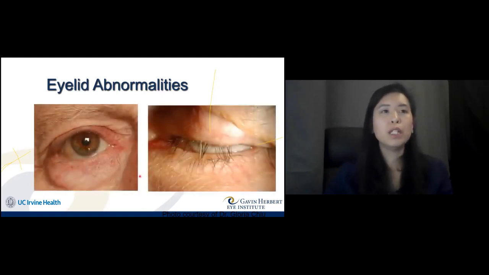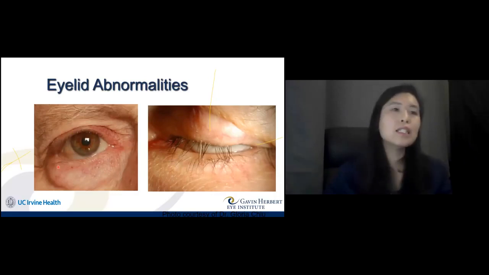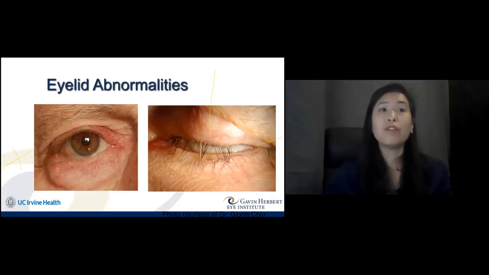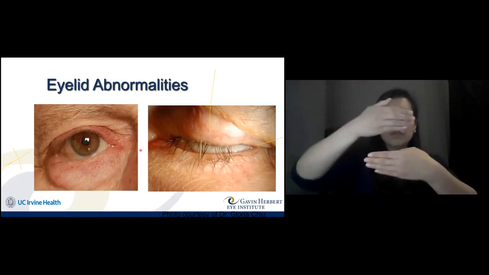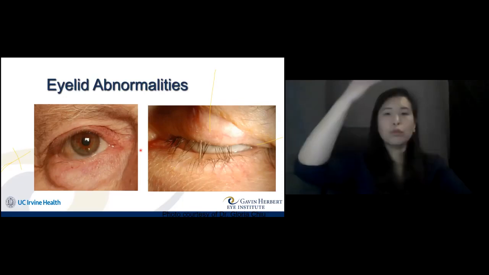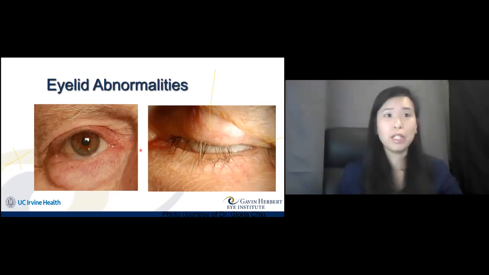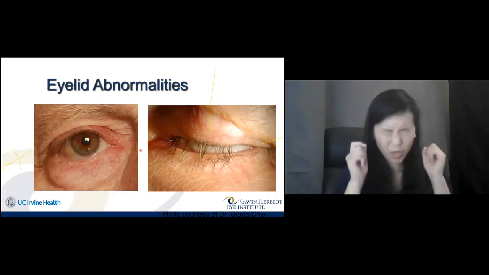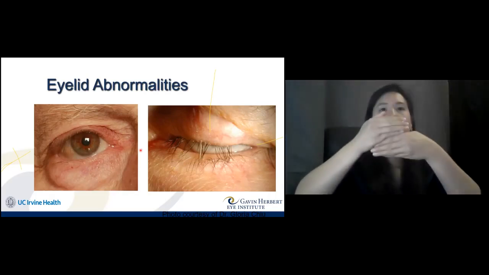Another reason could be that as we age, unfortunately, we lose elasticity in the skin, and that affects the eyelid too. So you can see there's like a droopy sagginess to this eyelid. And when this gentleman tries to blink, the lids don't meet. Now, if I ask him to blink and he thinks about it, then he squeezes the eyes together and they will come together.